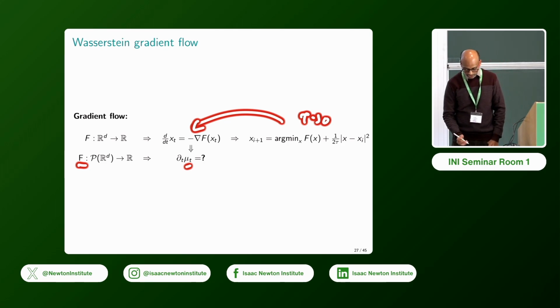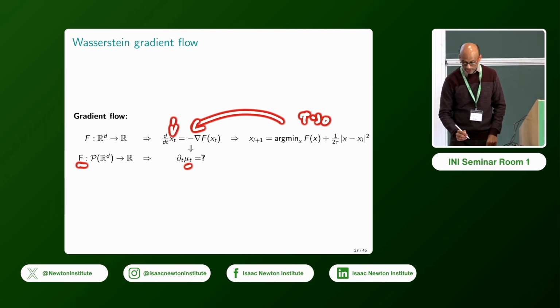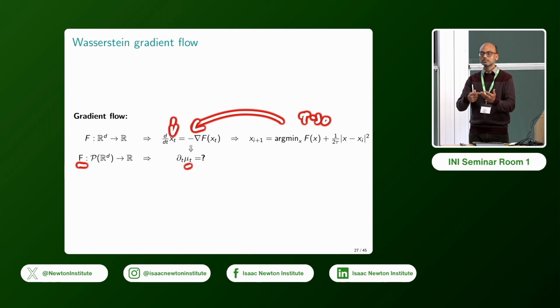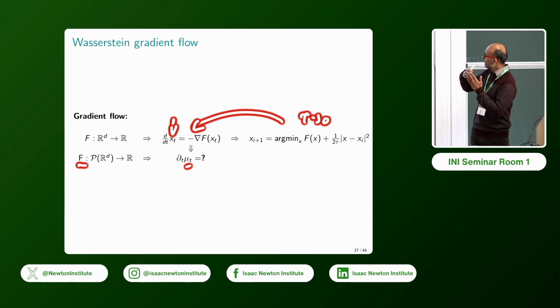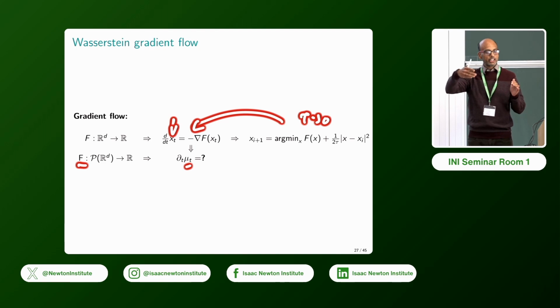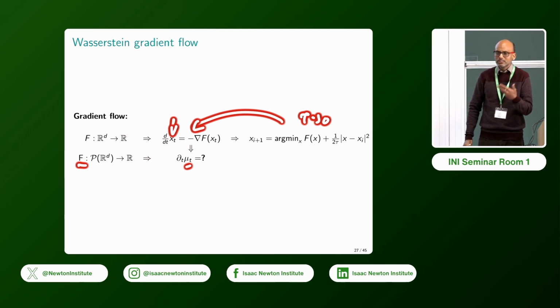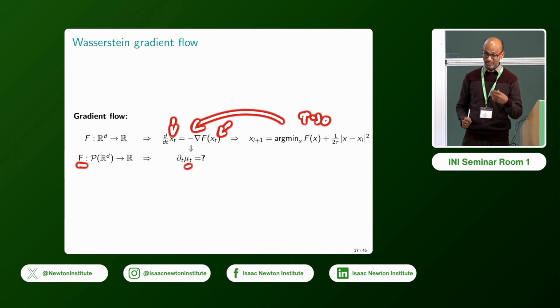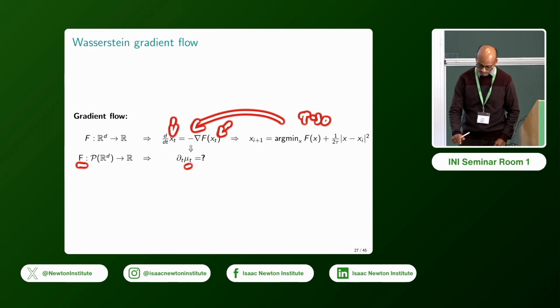In the Euclidean case, X_t was the position of the particle; here, as I move in time, the curve takes values in the probability space, and we want to see how to define a gradient flow in the probability space, like we defined in the Euclidean case.